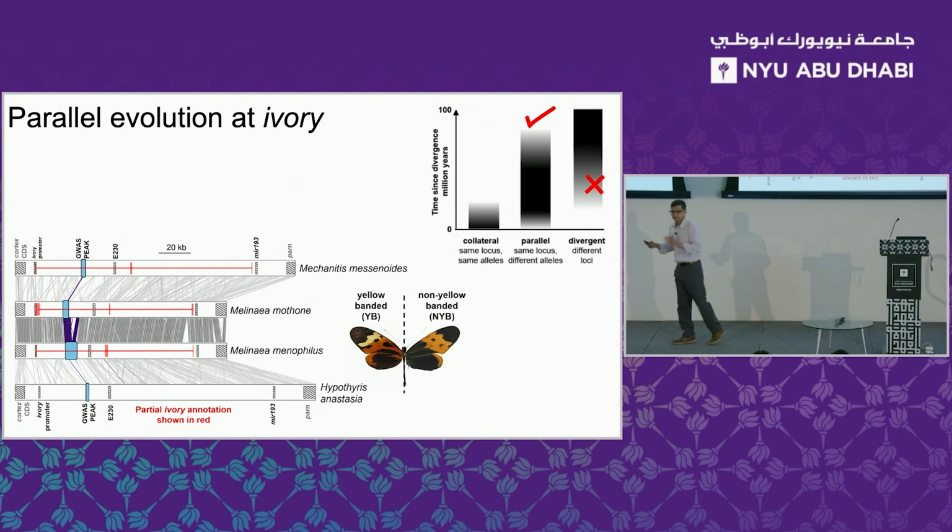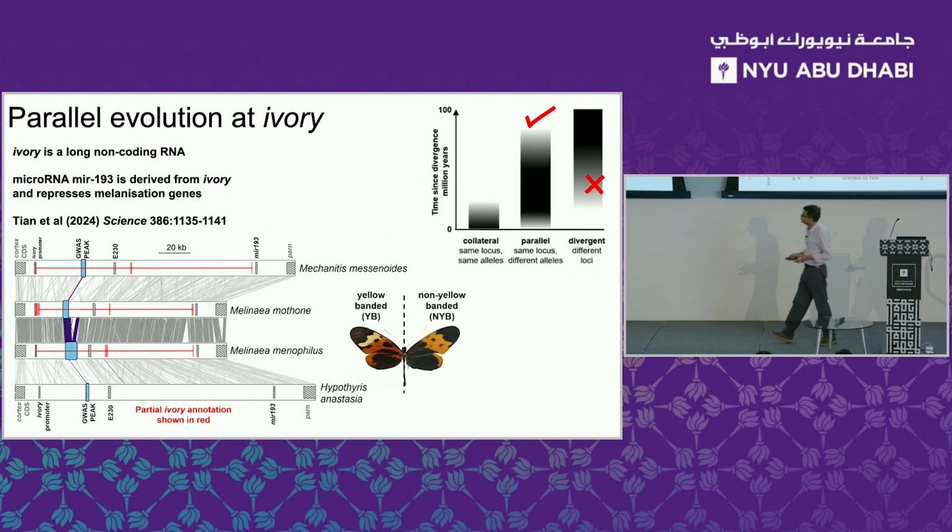But there's actually very little sequence homology at all. So if you look at these narrow regions, 5, 10 kb, if you try to do a sequence alignment, you don't find any homology between them at all. So it's very clearly across these comparisons, we've got this parallel evolution. The same gene is being used, but the alleles have been evolved independently in each of these cases.